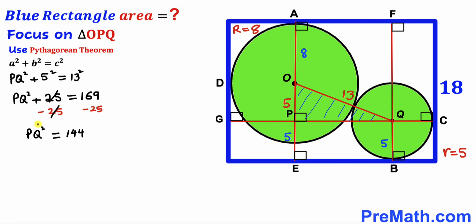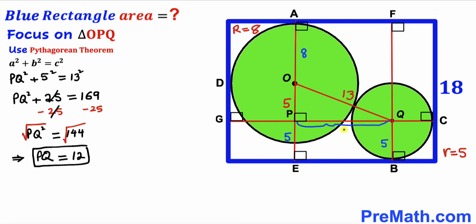Now I'm going to undo this square by taking a square root on both sides. So we could see that this PQ segment length turns out to be positive 12 units.